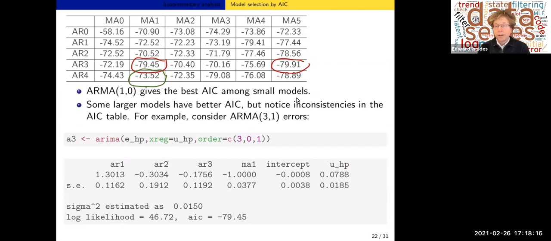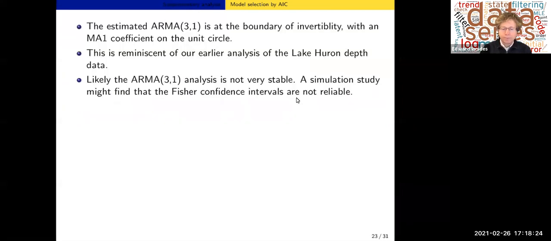And so I guess these are not specially selected time series. I think this is just a common thing that arises in time series analysis. Although I'm not going to do here all the analysis we did for the Lake Huron data, we can probably anticipate that similar things would apply, and we might well find that Fisher confidence intervals are not so reliable, certainly not for the MA1 coefficient, and so perhaps a likelihood ratio test should be preferred.